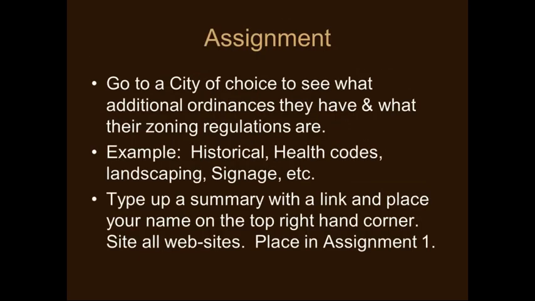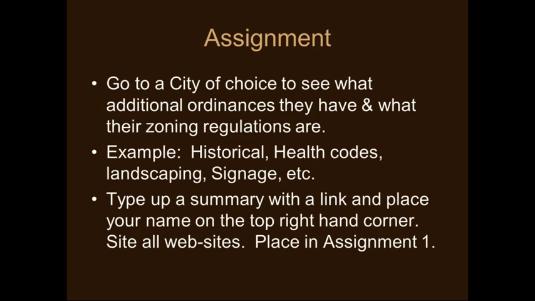So your assignment is to go to a city of choice to see what additional ordinances they have and what their zoning regulations are. Zoning is a little bit different, and we get into that in 314, one of your studio courses. What it does is protect you from building a strip mall right next to a church or next to someone's home.